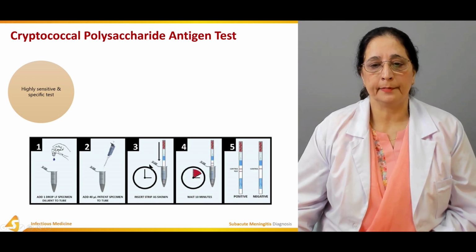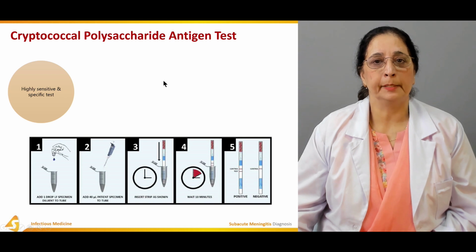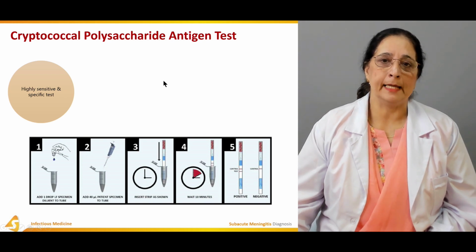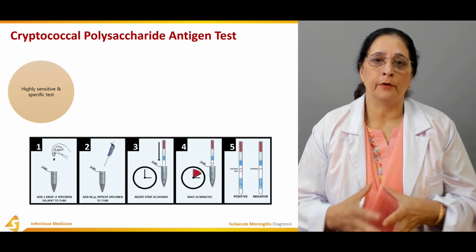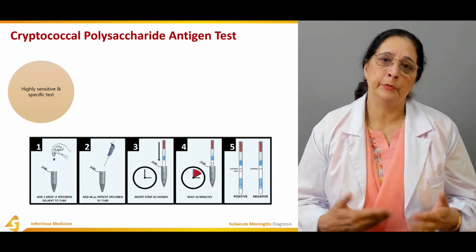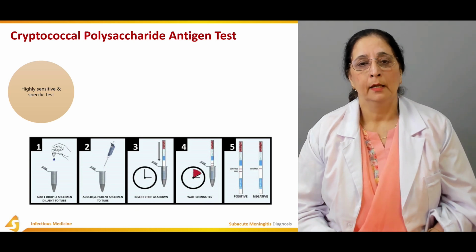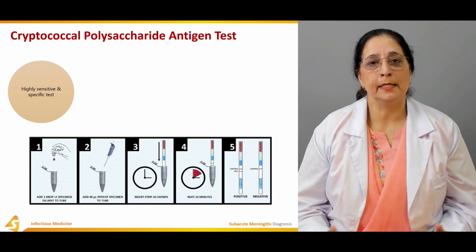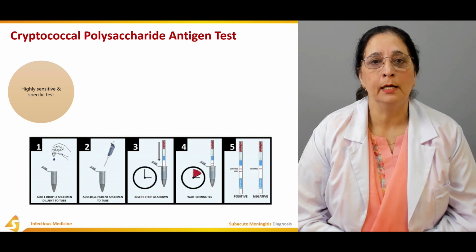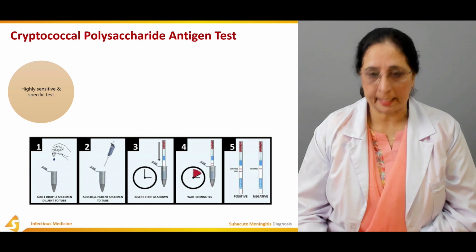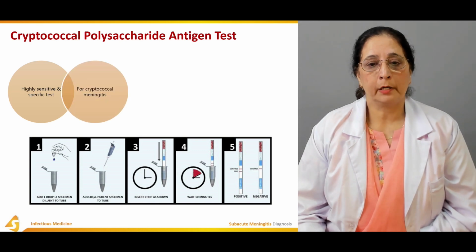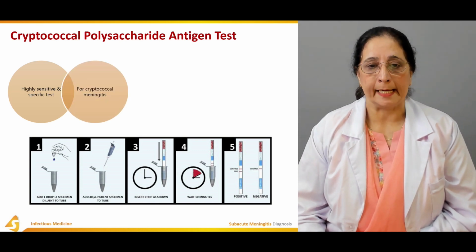These are the steps in which we perform this test. It is a simple test, like a lot of in-office tests that are usually performed, like the strep throat test or pregnancy test. This cryptococcal polysaccharide antigen test is highly sensitive and specific for cryptococcal meningitis.